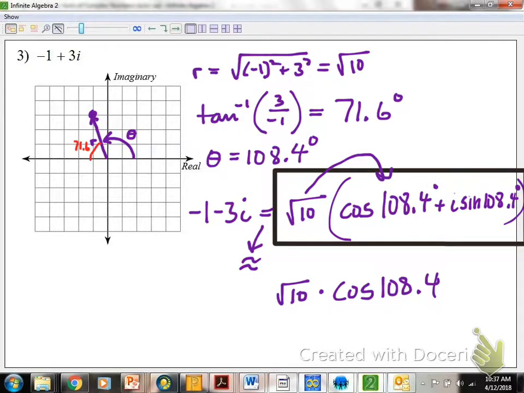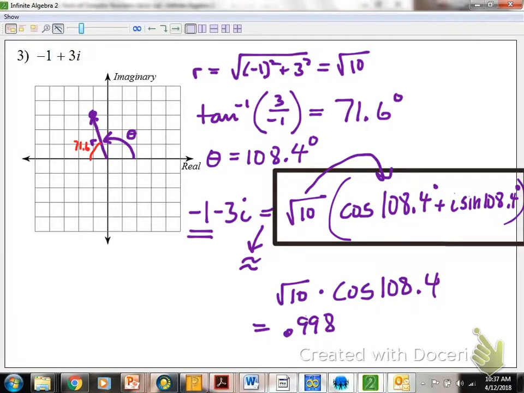What'd you get, Taylor? -0.998. Now that's really, really close to -1, right? So -0.998 is what we got. What did we start with? We started with -1. So when we approximate that angle, we lose a little bit of precision, but that's 2 1,000ths. You know, that's pretty close depending on what kind of units we're working with.